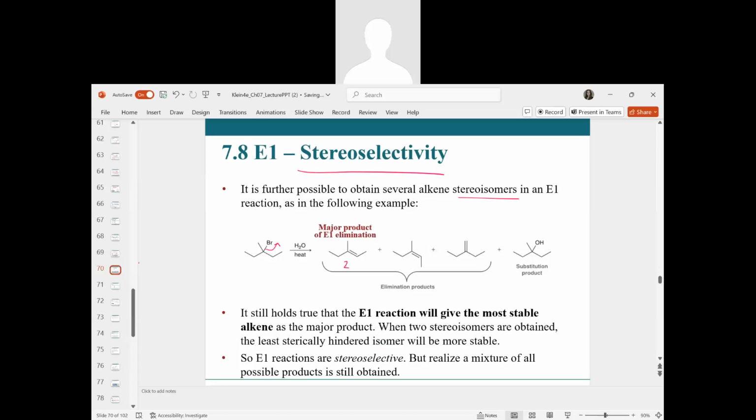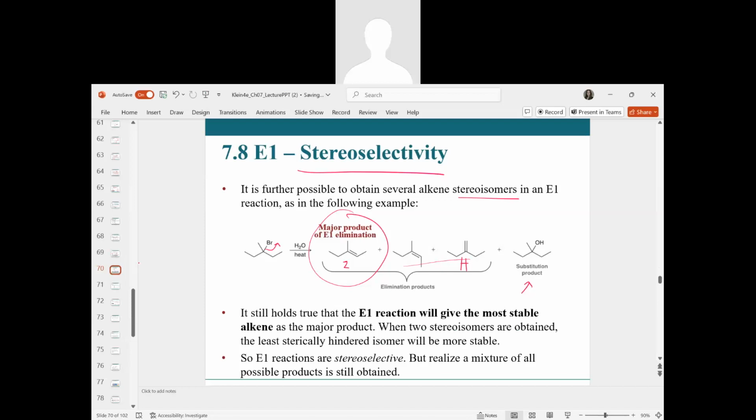This would be our Zaitsev, that is the most stable, the most highly substituted alkene. Then we have our Hofmann over here. So again, this would be our major product for this elimination. And then we also have our substitution product shown.